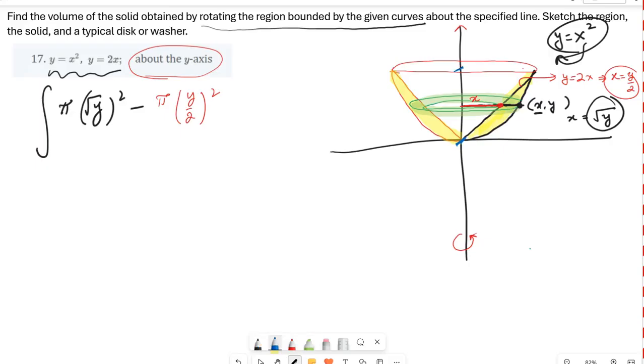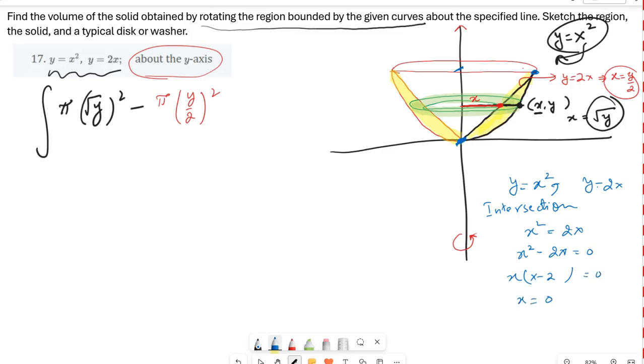How do we figure that out? That can be found using the points of intersection of the curves. The curves are y equals x squared and y equals 2x. How do you find the point of intersection? By equating the curves. x squared minus 2x equals 0. x times (x minus 2) equals 0. x is equal to 0 and 2.